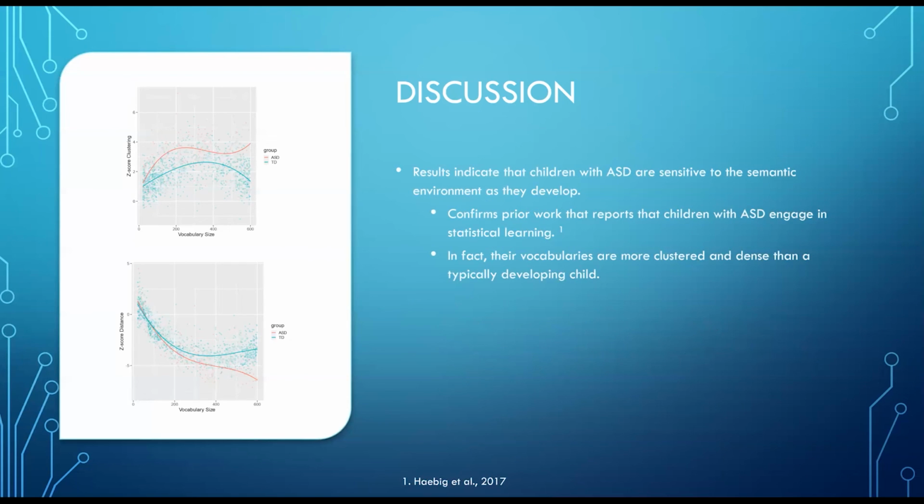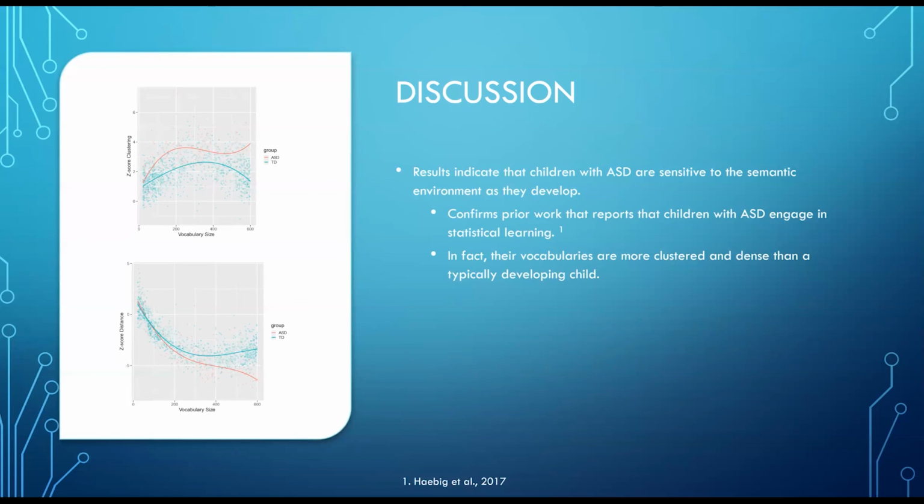All in all, the results indicate that children with ASD are sensitive to the semantic environment as they develop. This confirms prior work that reports that children with ASD do engage in statistical learning. In fact, their vocabularies are more clustered and dense than a typically developing child's, as we found in our study. So why are we seeing this high clustering and low distance in kids with ASD?